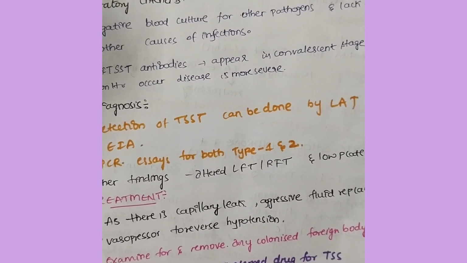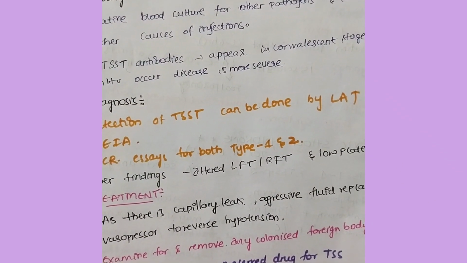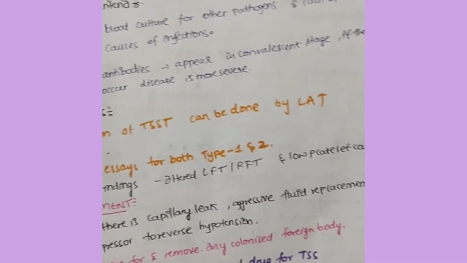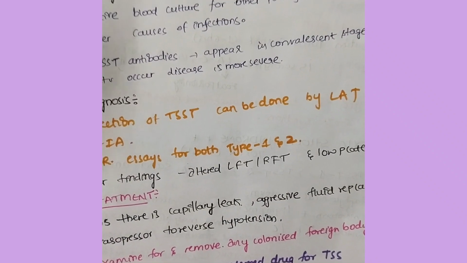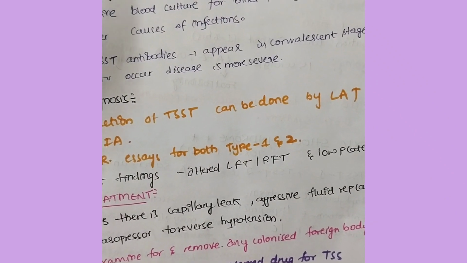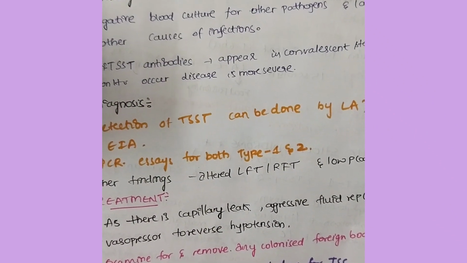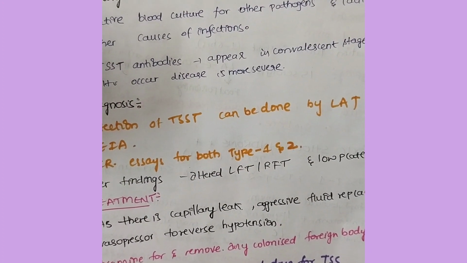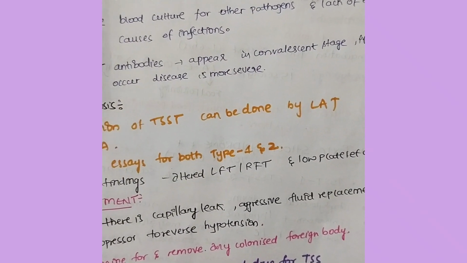For clindamycin resistant cases, we should give linezolid. Linezolid can be used for toxin suppression. Addition of vancomycin is not required in this case. Only linezolid should be given; vancomycin is not generally required.